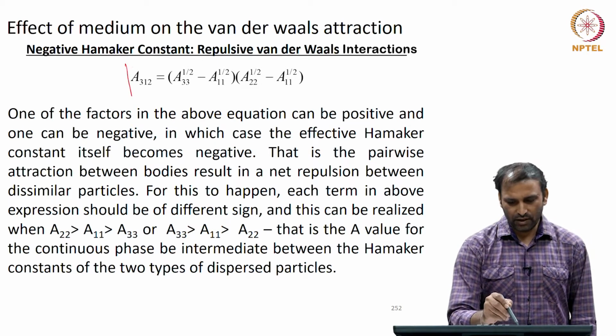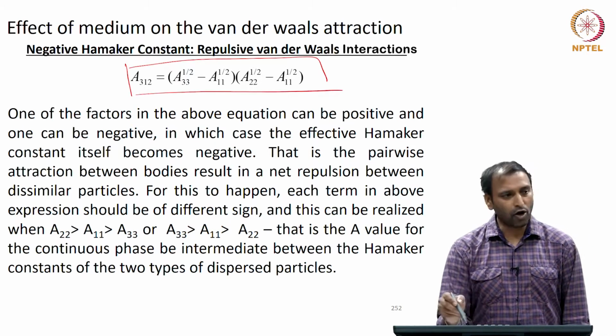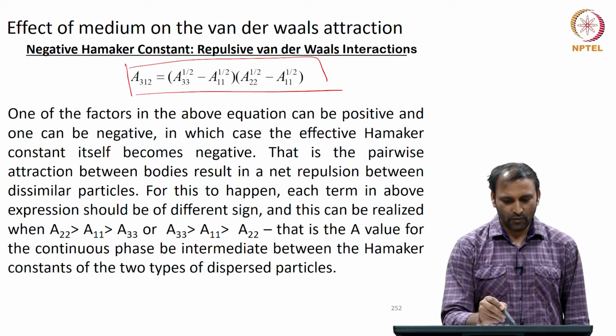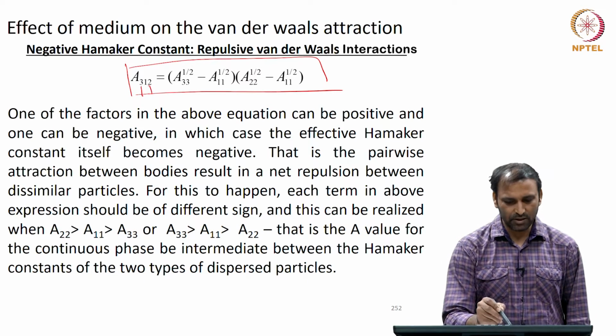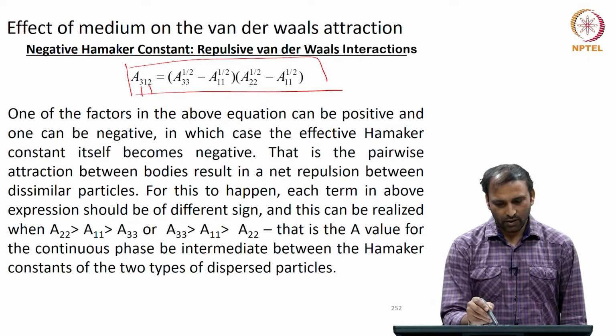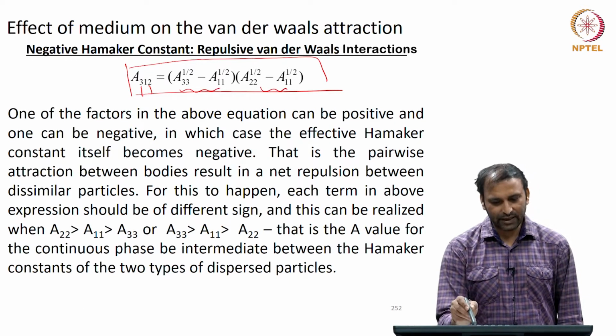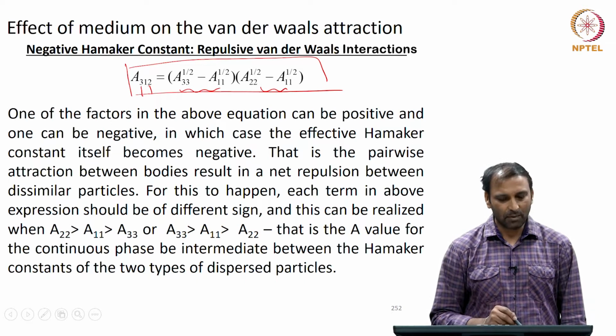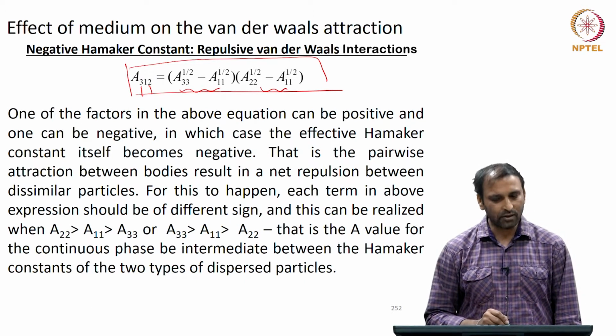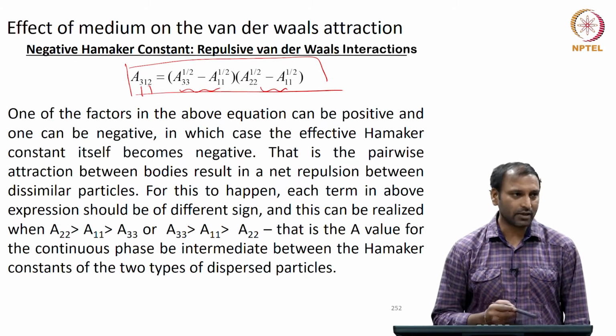So, the Hamaker constant in the case where you have two dissimilar particles, that is 3 and 2, interacting via 1, you can write in terms of the Hamaker constants for the individual species when they are interacting in vacuum.